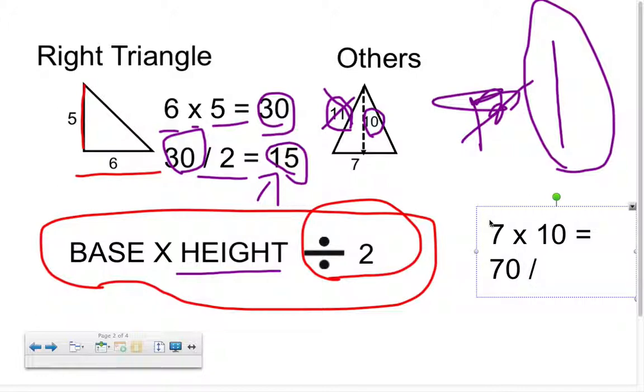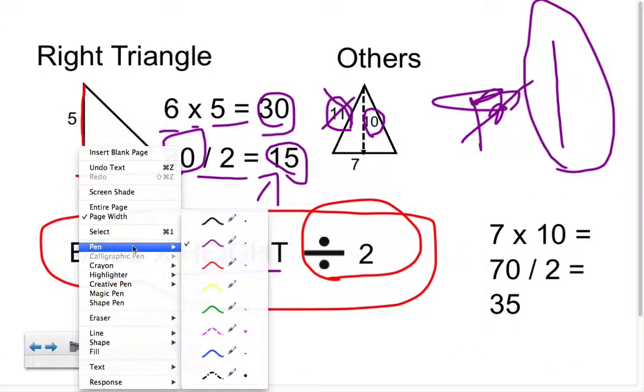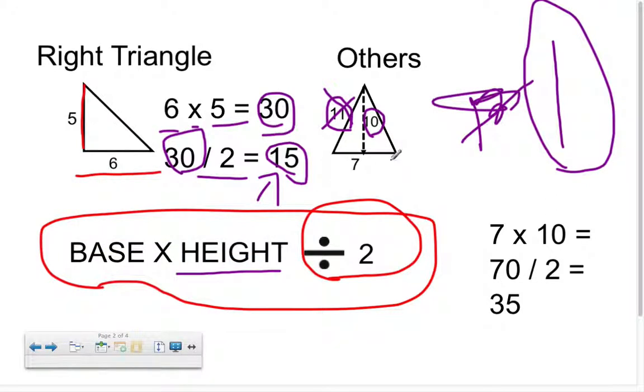And we'll divide that by 2. 70 divided by 2, what's 70 in half? It's 35, guys. So the end answer is 35, because we did 7 times 10, base times height, divided by 2, equals 35.